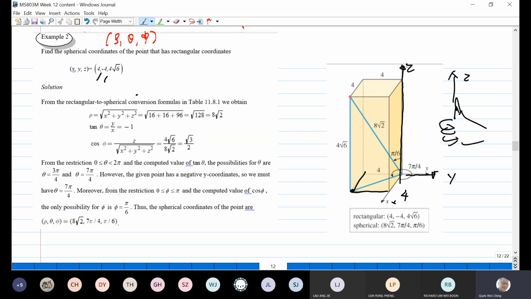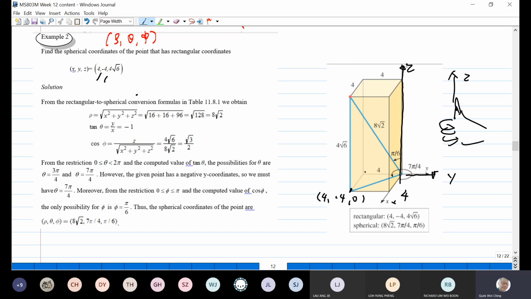So the point actually is here now. So I show you. I have a point. Every point here, this is the point x equal to 4, y equal to minus 4, right? This is 0. Okay.